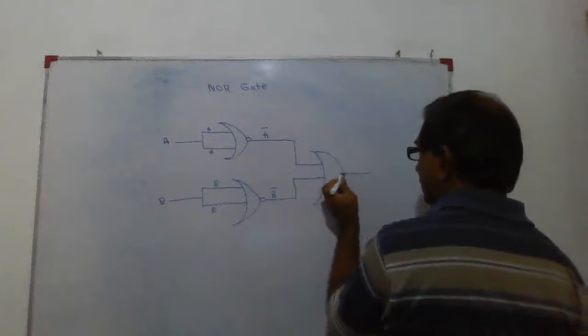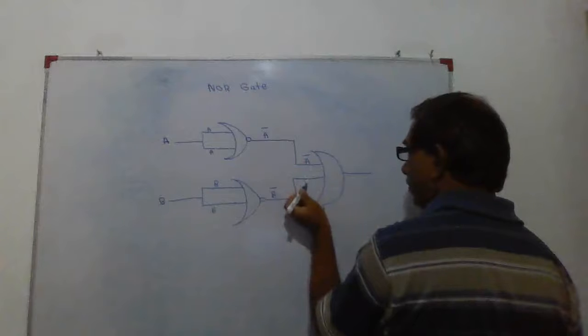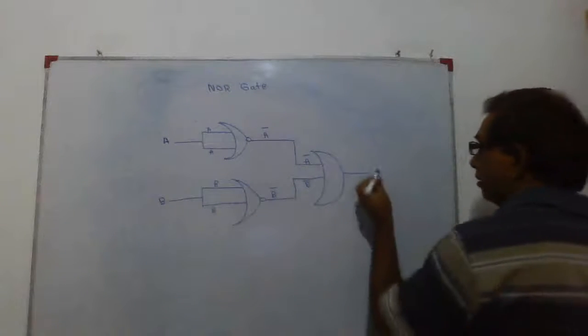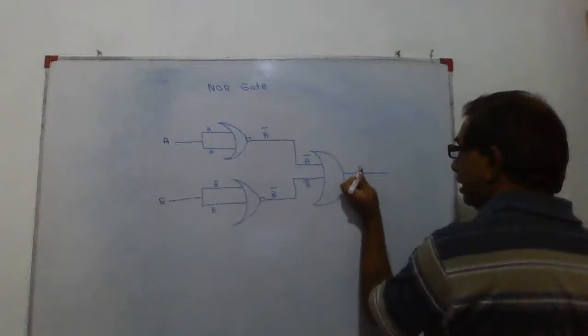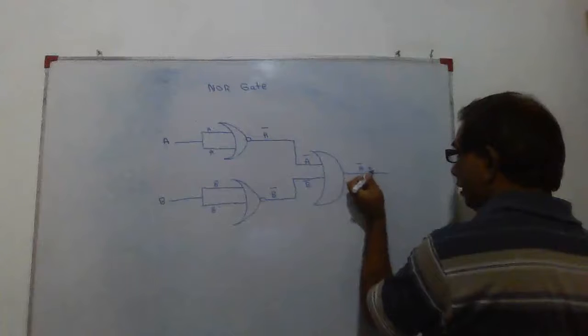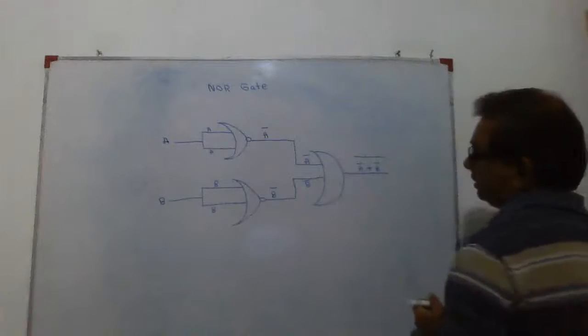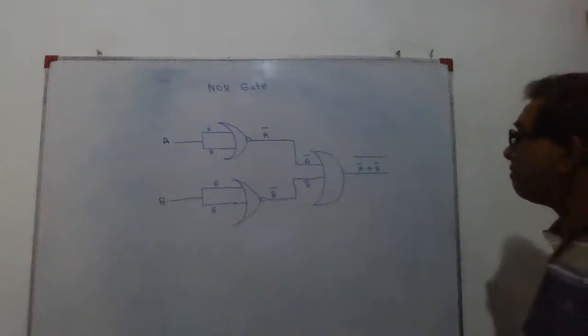Here A bar is coming. Now from here B bar is coming. Now the output is an OR gate. So A bar, O, B bar, full dash.